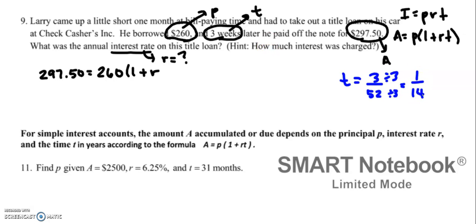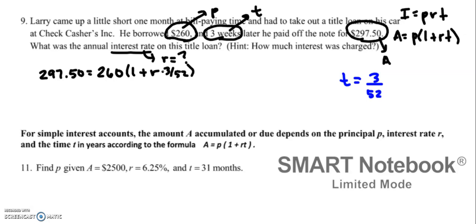Oh, you can't divide by 3. Never mind. Scratch that from the record. It's just 3 over 52. So R times 3 over 52. Okay, and now we just need to solve this equation for R.